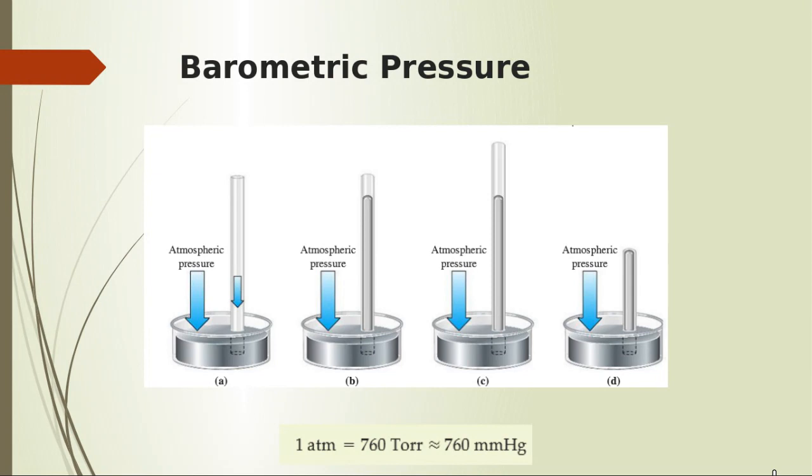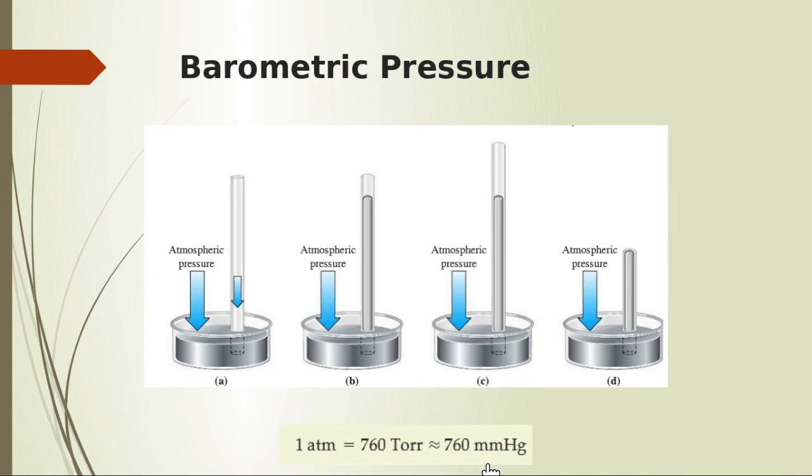I will give you a hint: mercury density is about 13 and water density is about 1. Yes, the height will be higher. 1 atm will correspond to a higher column, because mercury density is higher than water density, and the water column will be much higher, for example, 10 meters.